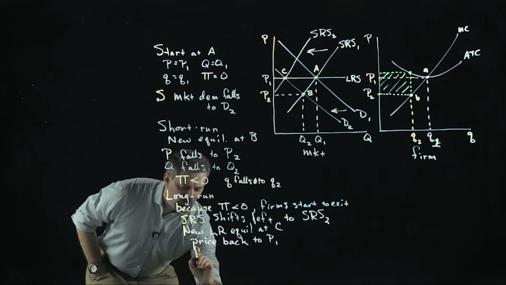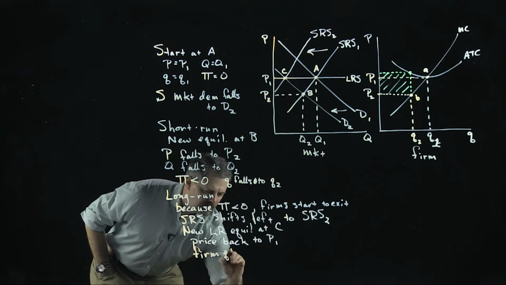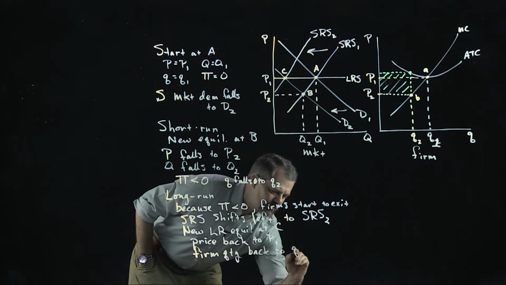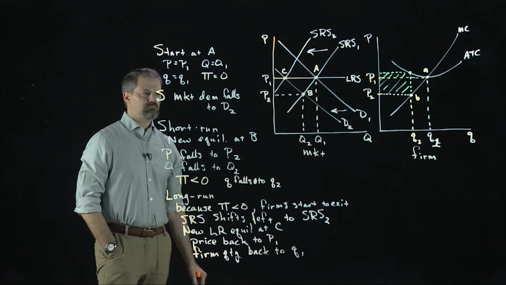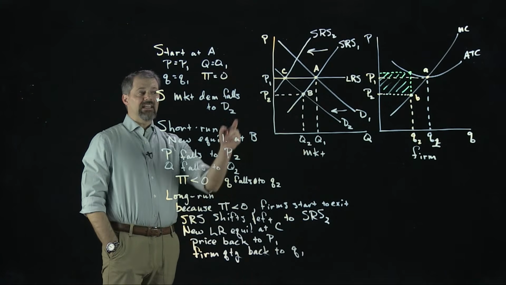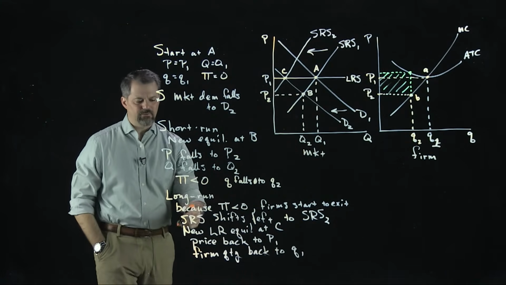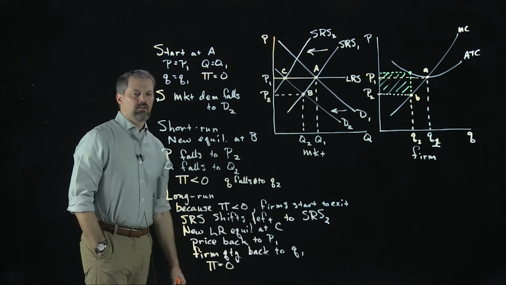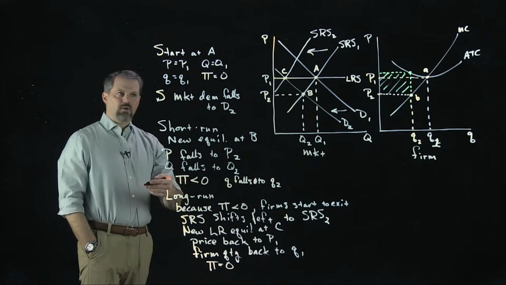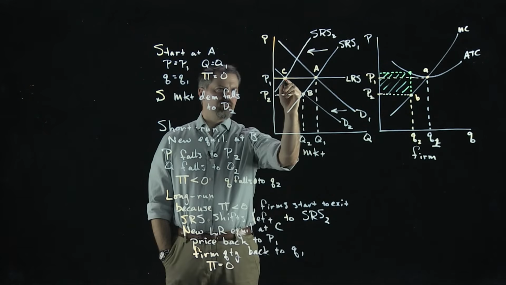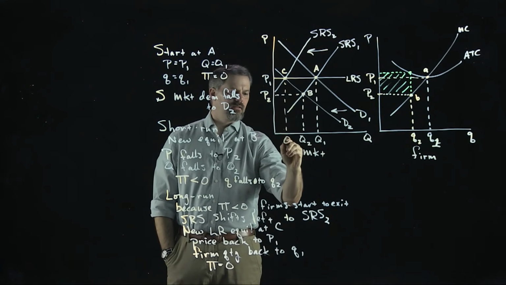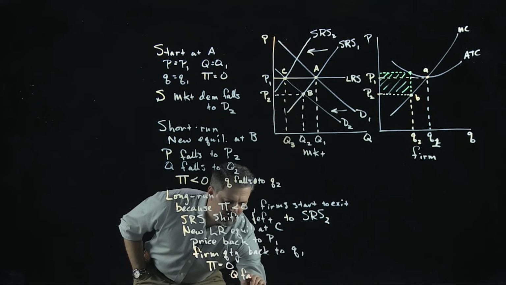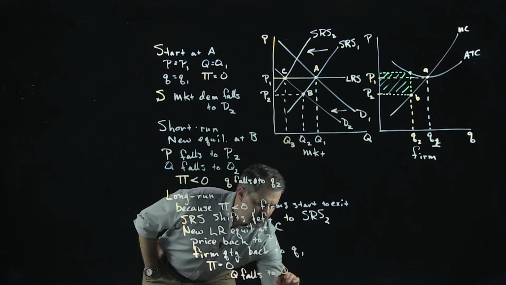So firm quantity is back to little q1. Each firm is back to earning 0 profit. Profit is back to 0. Now our market quantity is down here at Q3. So let's put quantity falls to Q3.